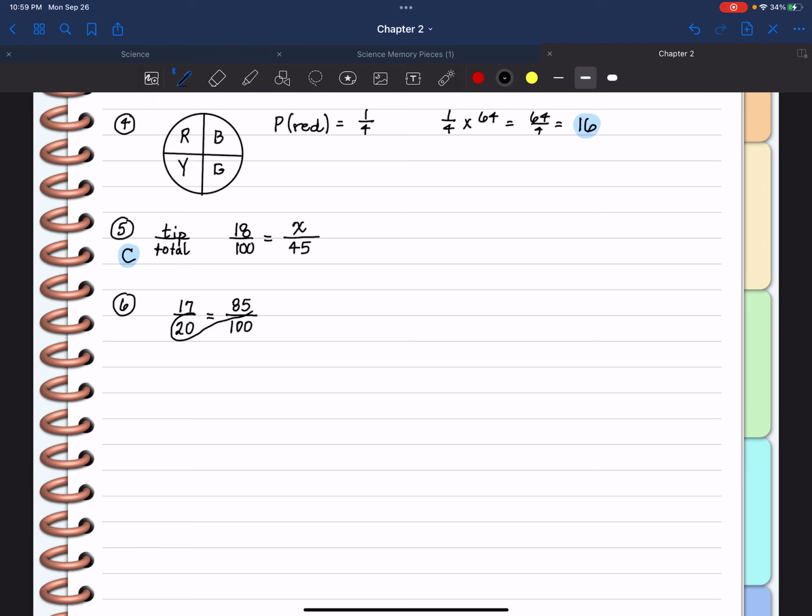So let's see. 20 times 85 is 1,700. And 17 times 100 is 1,700. So the word that's missing could be equal.